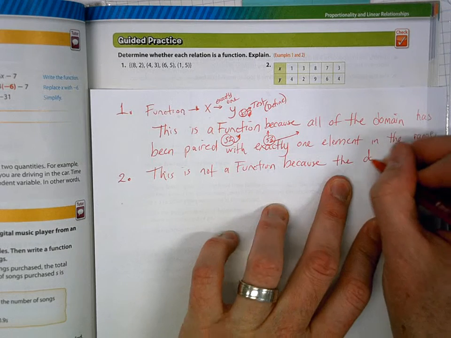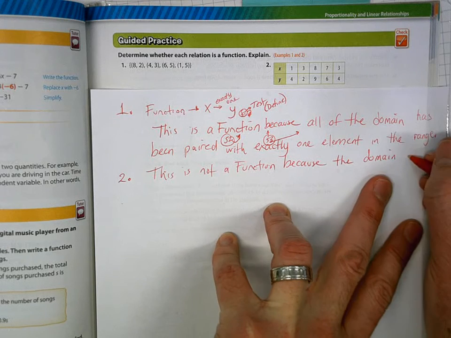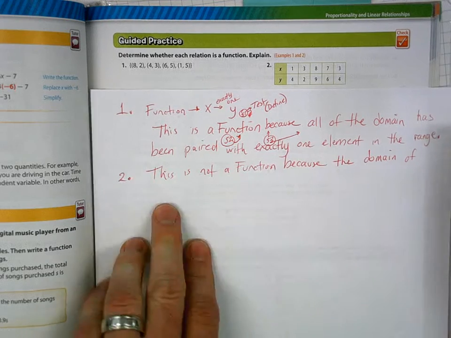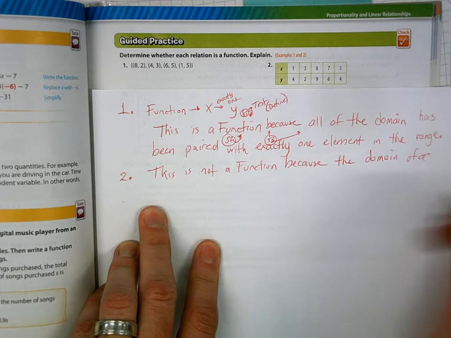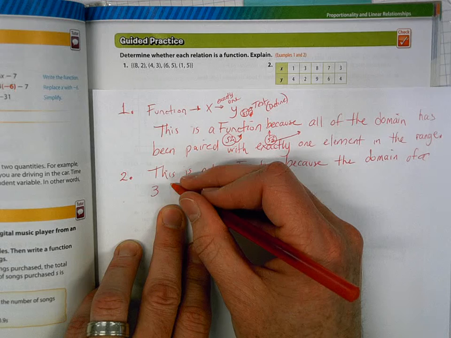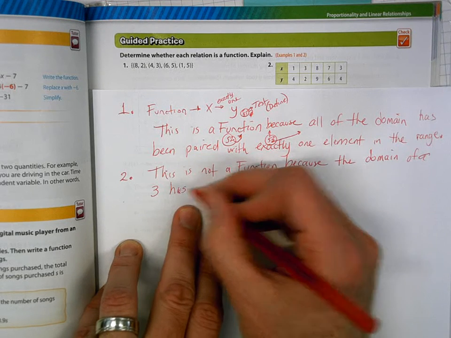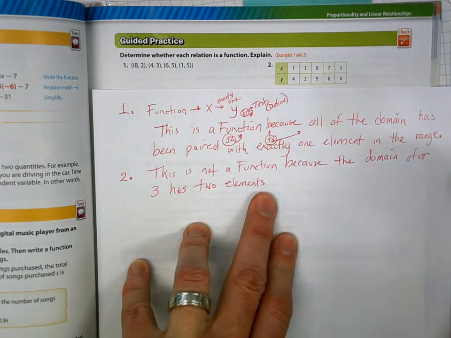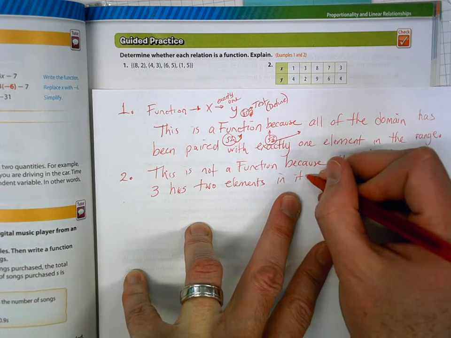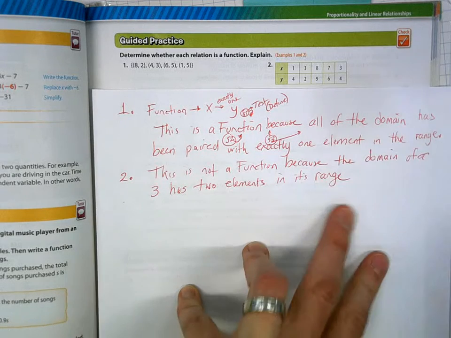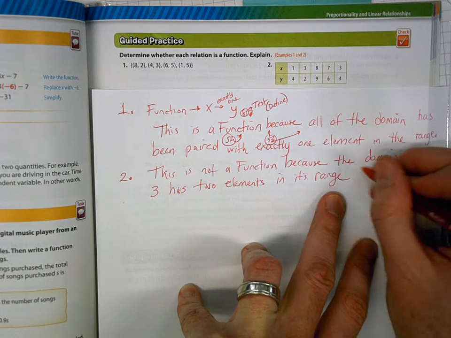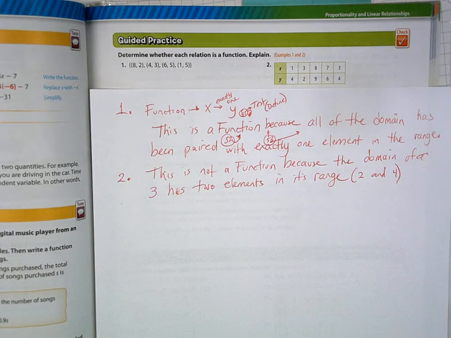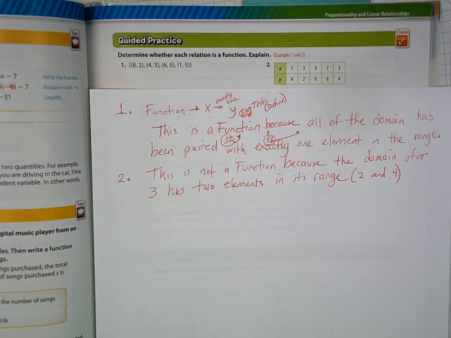The domain of 3 has 2 elements in its range. And to be specific, I could put 2 and 4, right? So when x is 3, one of them shows it's 2, another one has the y of 4.